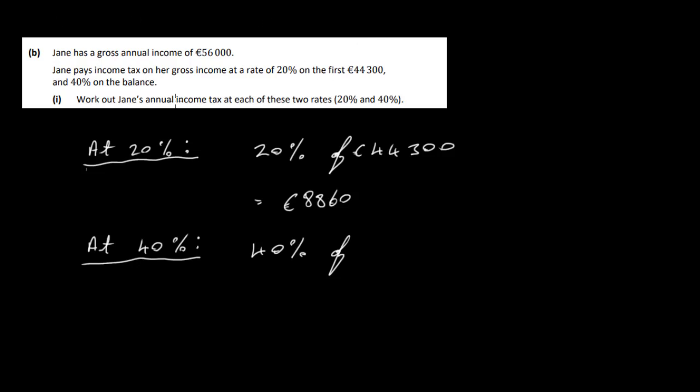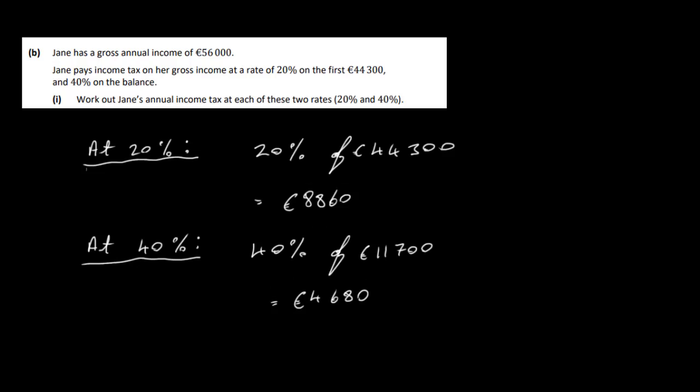Then we've got to get 40% of 11,700 euros. So when you do that, it's 0.4 multiplied by 11,700. That gives you 4,680 euros. So these are our two answers, this one and this one here.